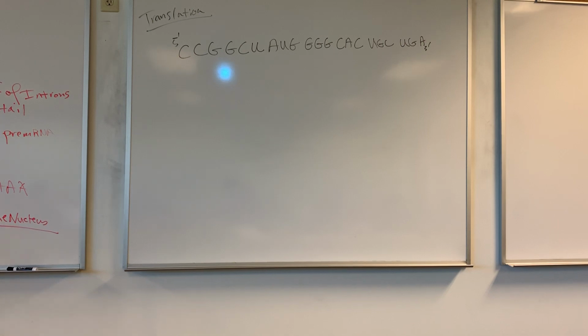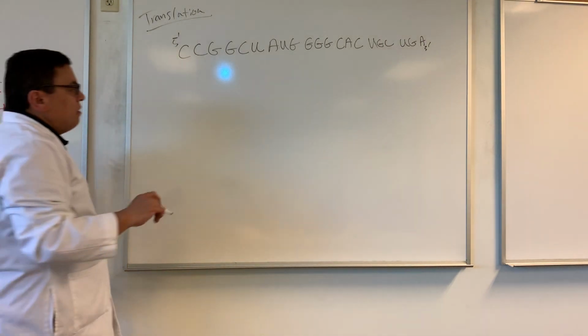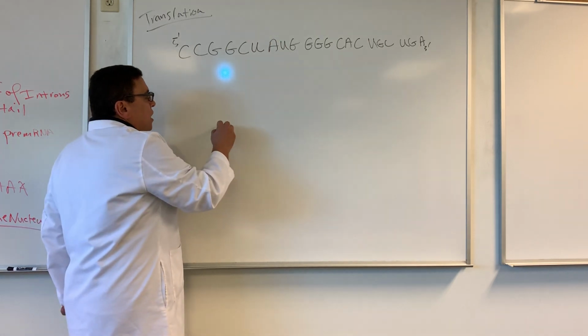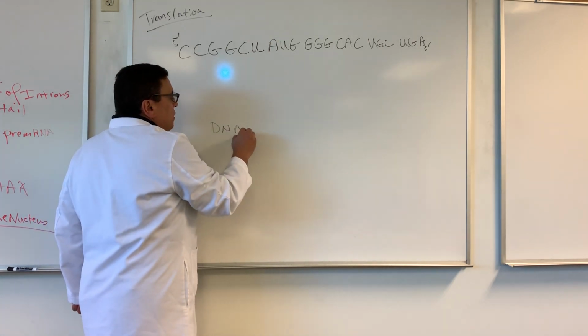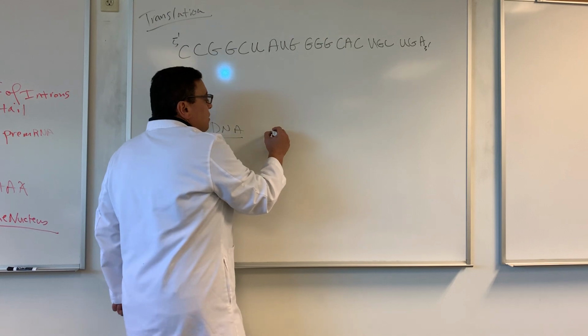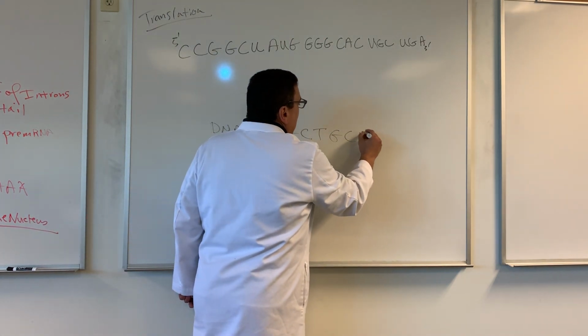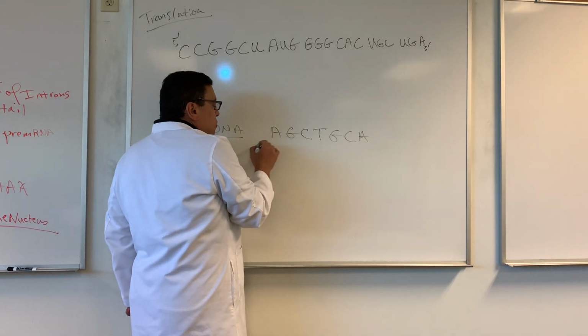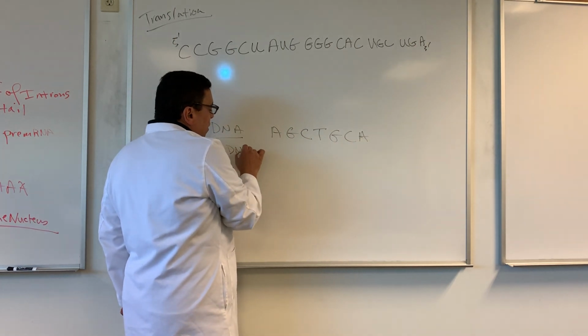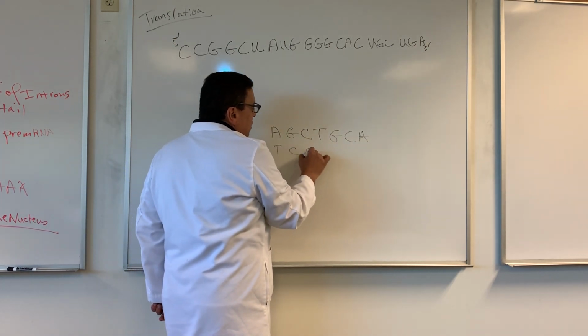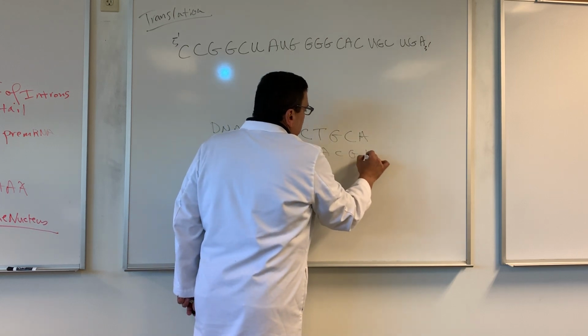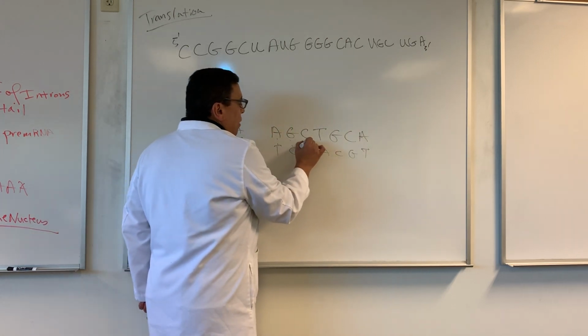And what normally happens is this. Let me show you something here that I forgot to mention. Let's say we have the DNA sequence and it is like this, A, G, C, T, G, C, A, for example. The double-stranded DNA is gonna be T, C, G, A, C, G, T. That's your DNA. Am I right?